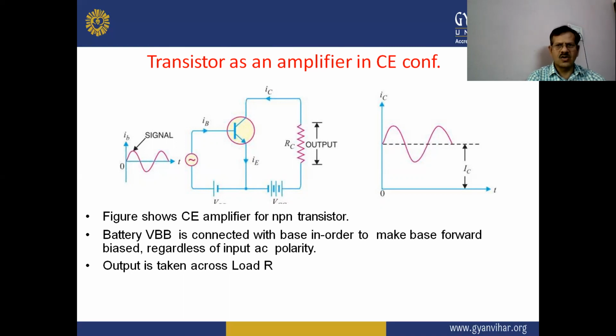In this case we see the amplification of the input signal from a low level to a high level, or we can say that the output signal is increased with a particular level of strength. So this is the amplification of the input signals in this common emitter configuration.